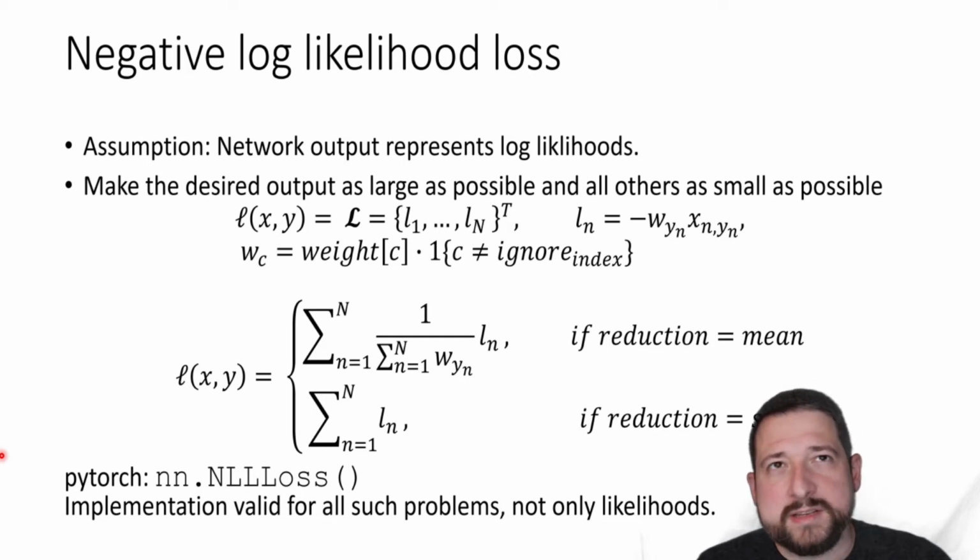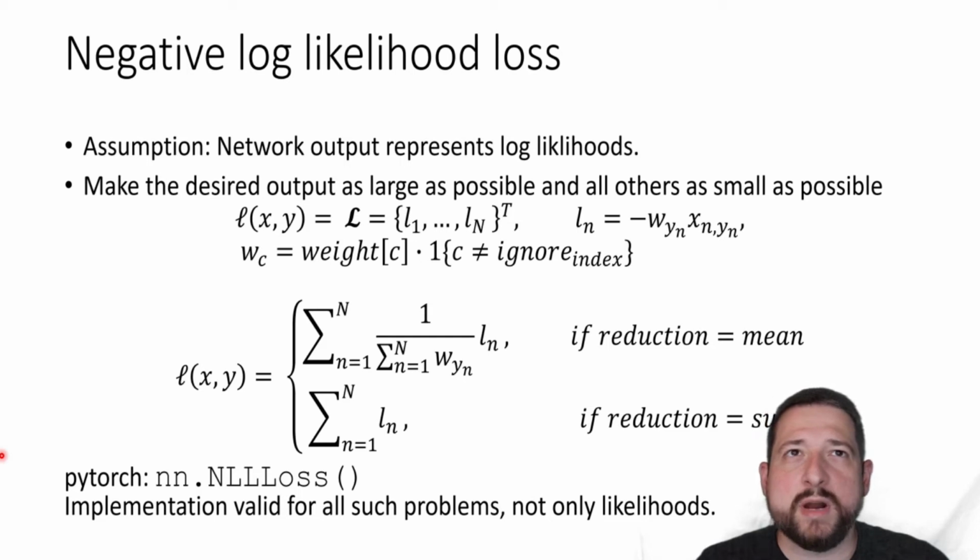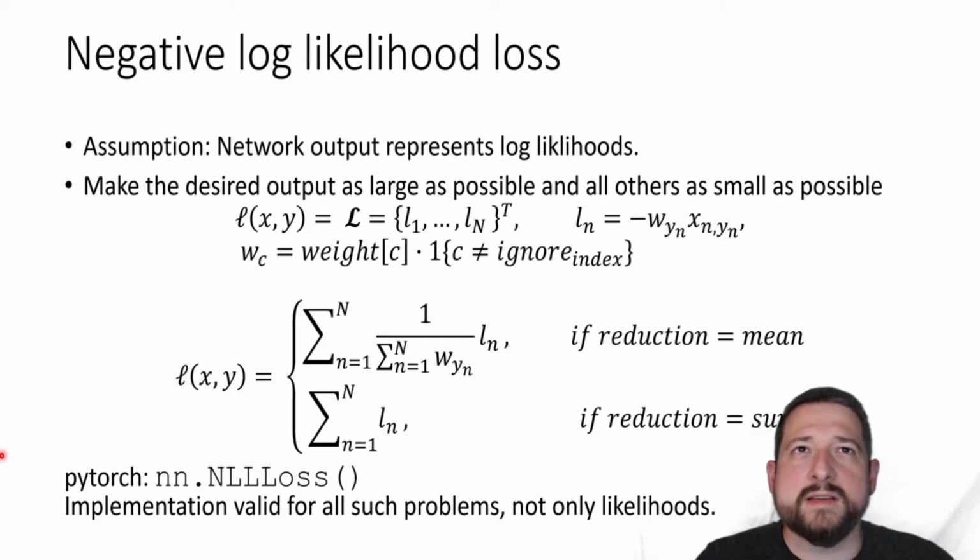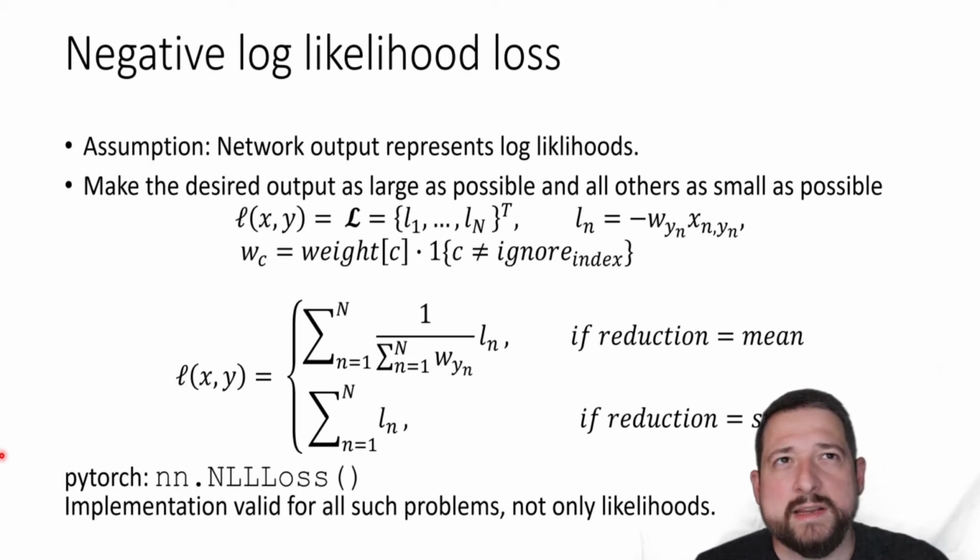What the equation says basically is pick the x that happens to be the correct one for one sample in the batch and make that score as large as possible. This one also allows you to weigh the classes differently.